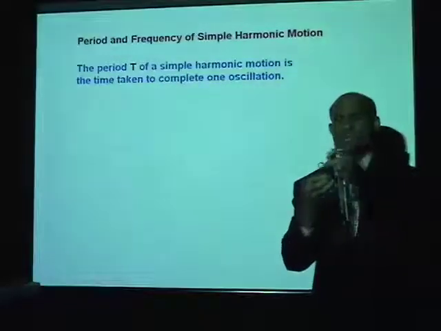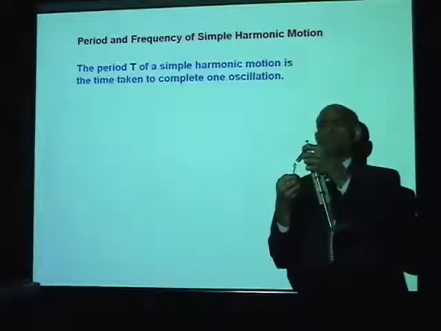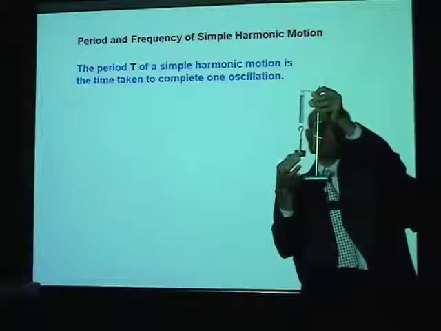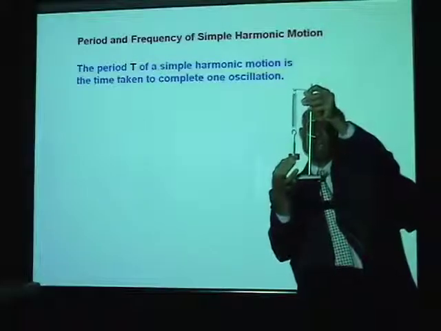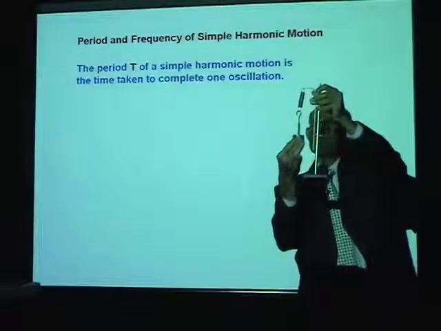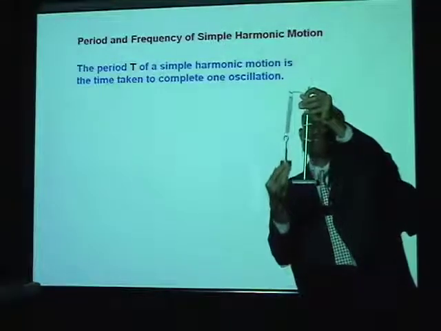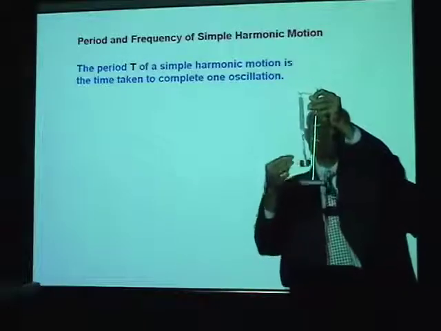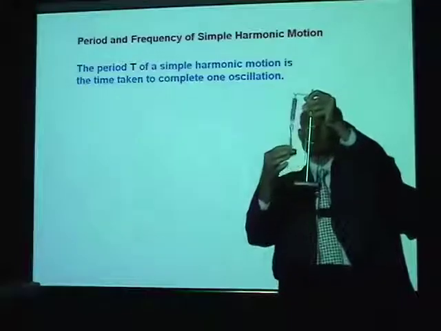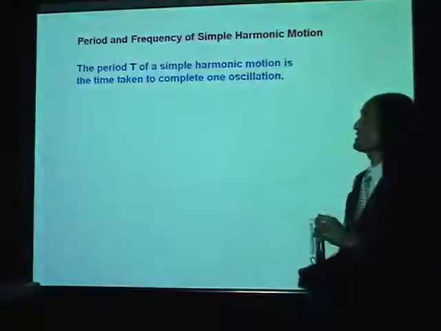Alright, let me put this here we are. Now, if the object starts at the equilibrium position, the time taken to go up, back to the equilibrium, to go down to the lower extreme, and back to the equilibrium, that is what we call one complete oscillation. The time taken to do that is called the period of oscillation.